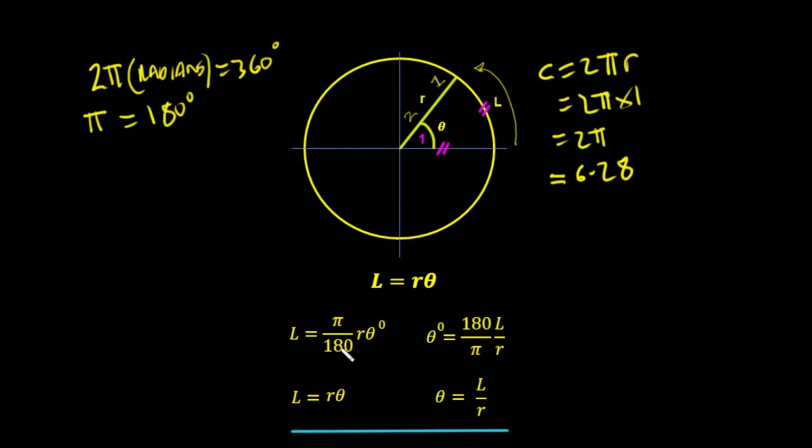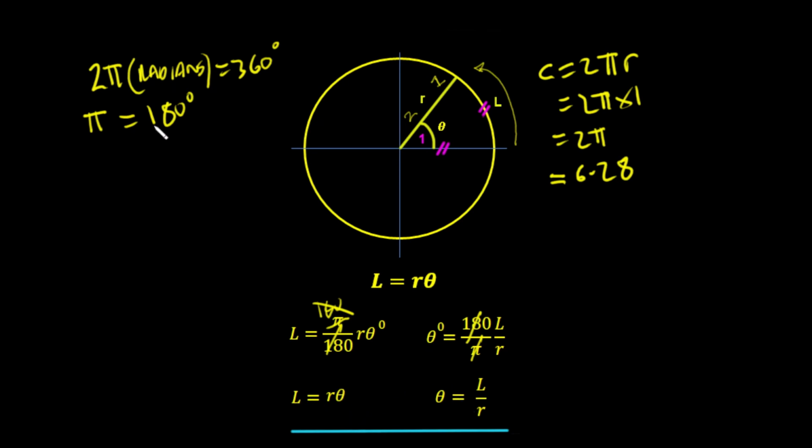So if this is changed to radians, then pi here would become 180, and that line would cancel with that line, and you would just be left with L is equal to r theta. The same thing here: pi would be equivalent to 180, we would have 180 over 180, that would cancel, and you would just be left with theta is equal to L upon r. But we're no longer in degrees now, we're in radians.